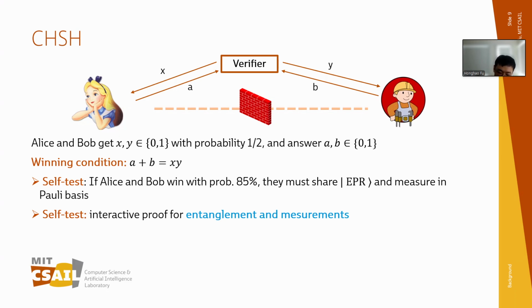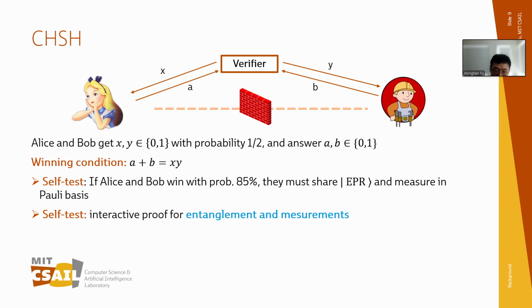Because of this self-testing guarantee of the CHSH game, the RUV paper makes a delegation protocol, and in some sense, it forced the prover to actually measure EPR pairs even in the delegation protocol, and that's the idea behind that RUV proof.